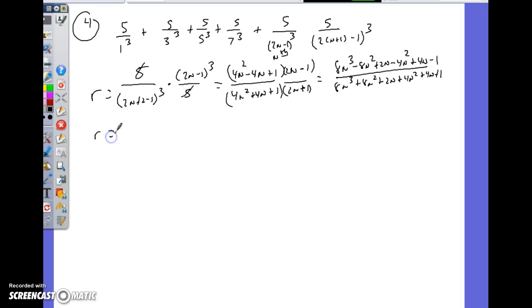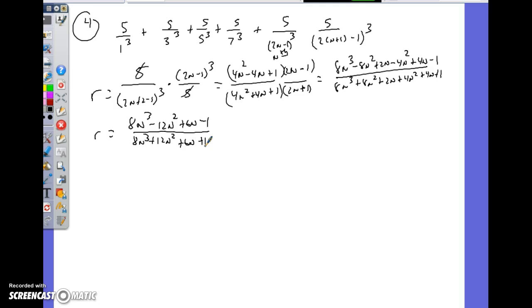Simplifying further, 8n cubed minus 12n squared plus 6n minus 1 all over 8n cubed plus 12n squared plus 6n plus 1.